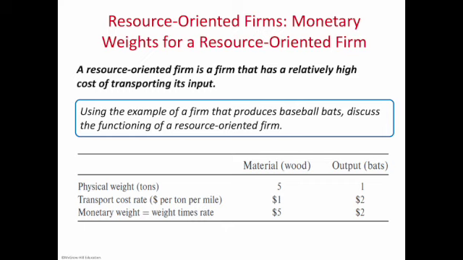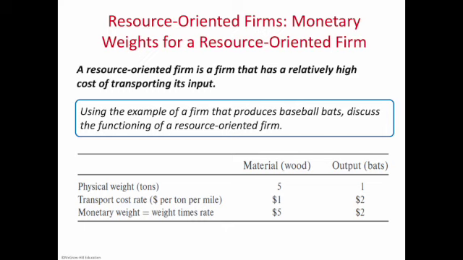Transport cost rate, in dollars per ton per mile: $1, $2. Row 3. Monetary weight equals weight times rate: $5, $2. The firm uses 5 tons of wood to produce 1 ton of bats, so the firm is involved in a weight-losing activity. Its output is lighter than its materials because the firm shaves logs to make bats.